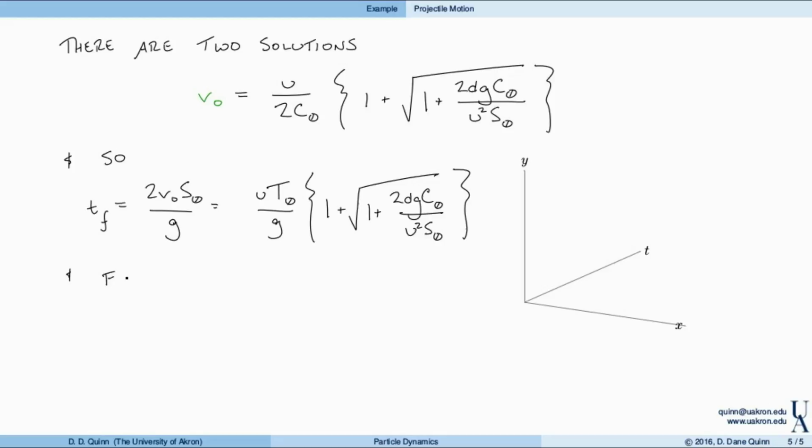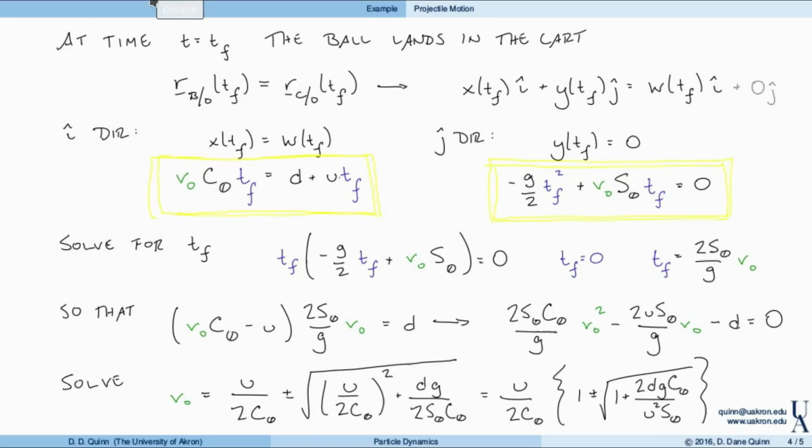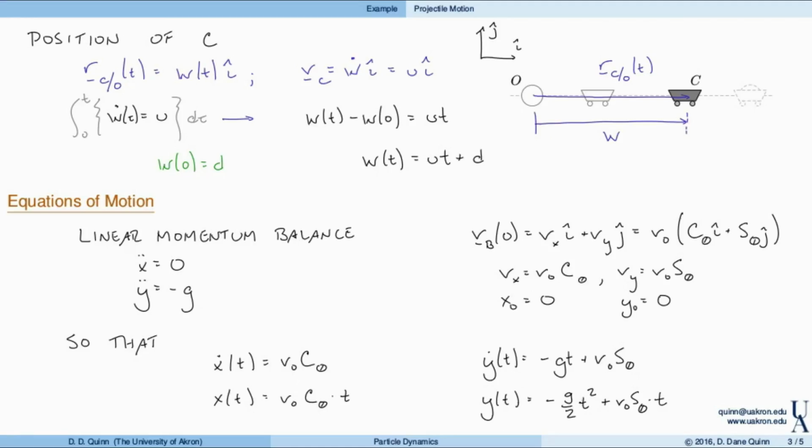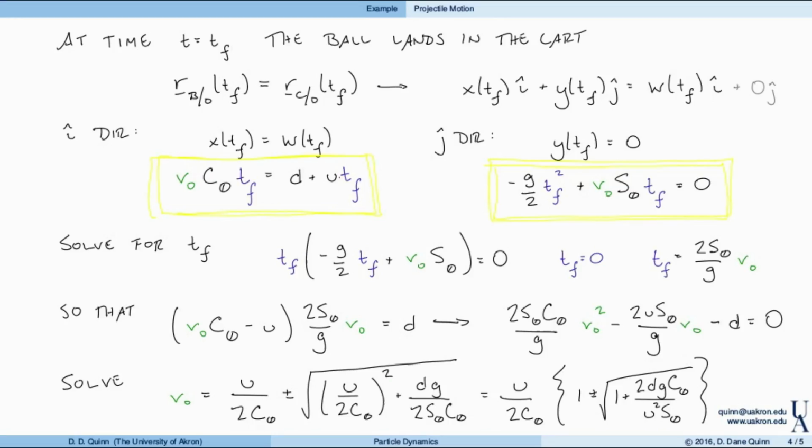And finally, we asked for the distance. That's going to be x final, which is x at t final, which is also equal to w at t final. And so to calculate this, I'll actually use the expression for w. Turns out it's a little bit easier, right? Because, let's remind ourselves, w is ut plus d.